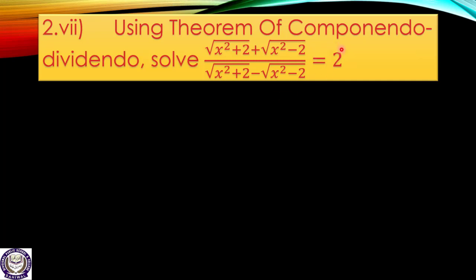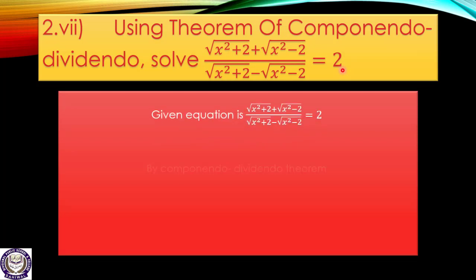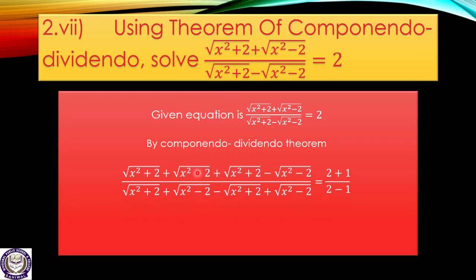We all know that if we have a whole number or an integer without a denominator, its denominator is 1 and it is understood. So applying the componendo-dividendo theorem, we get first term plus second term over first term minus second term, which is equal to (2 + 1)/(2 - 1).